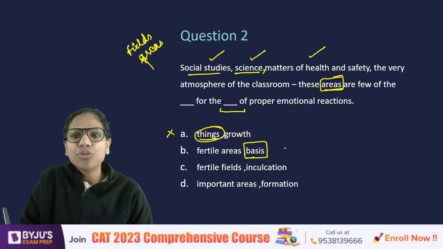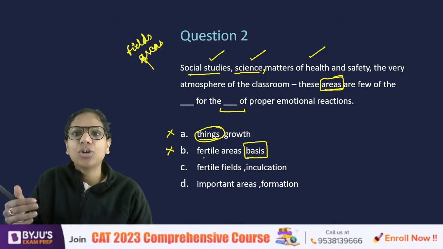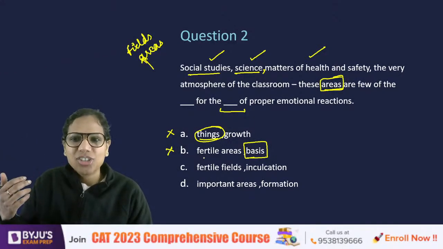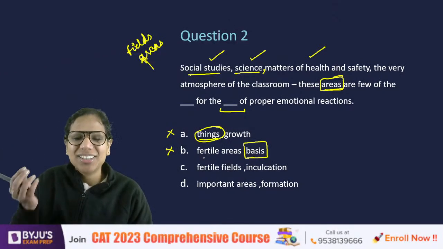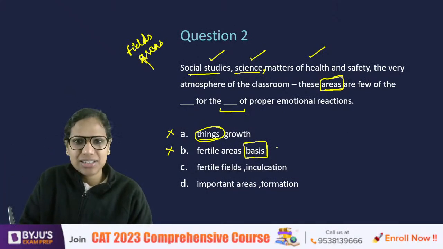So they cannot form the basis of your reactions, these areas. Your emotional reactions are a product of external stimuli, agreed, but then your hormones, your neurology, play a big role in being the basis of your emotional reactions. These are not the basis, right?